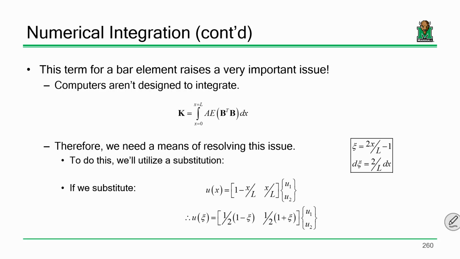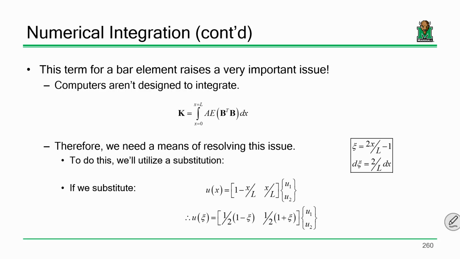And I'm going to say that for a given value of x, I calculate xi by saying 2x over L minus 1. Is that a fair point? I'm making that up, and you'll see this is a very particular value for a very particular reason. But is everybody okay with this? Now, you've done substitution in calculus before, and if you have, it's like u-du substitution.